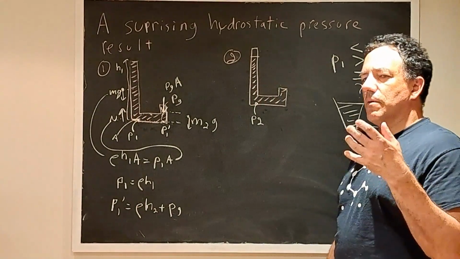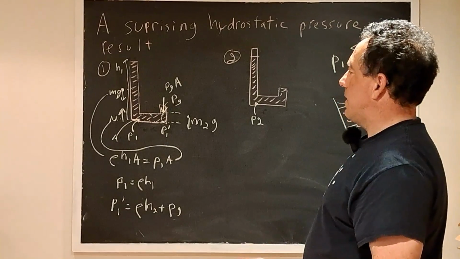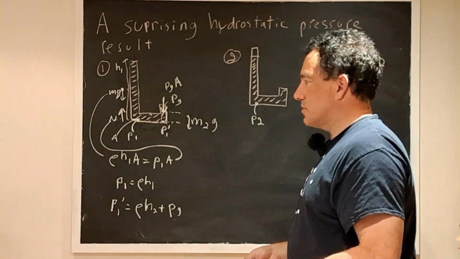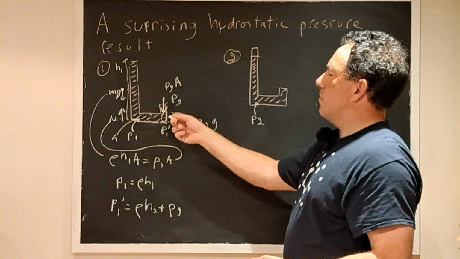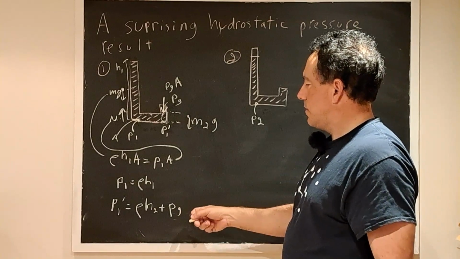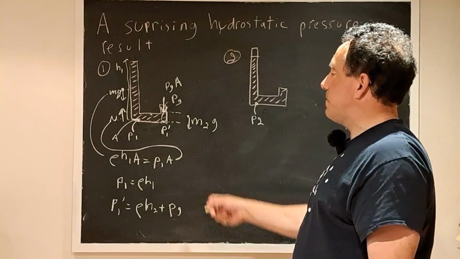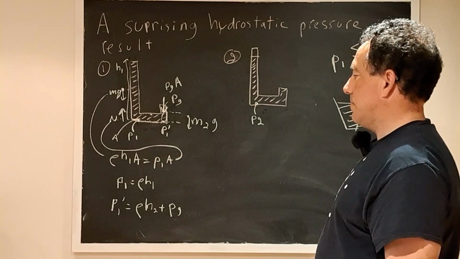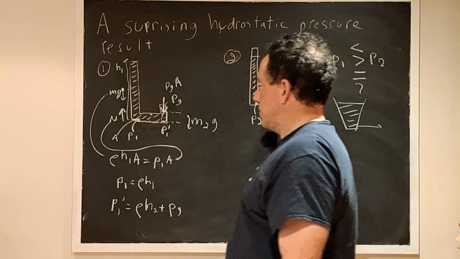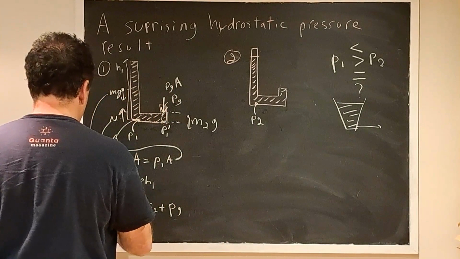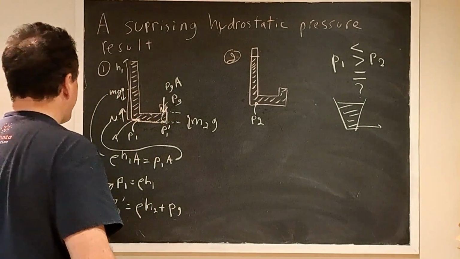So by thinking about this systematically, by doing a force diagram and using the basic principles that govern the behavior of fluids, we came up with this. And of course, we know that P1 prime must be equal to P1. So we get that these two are equal.